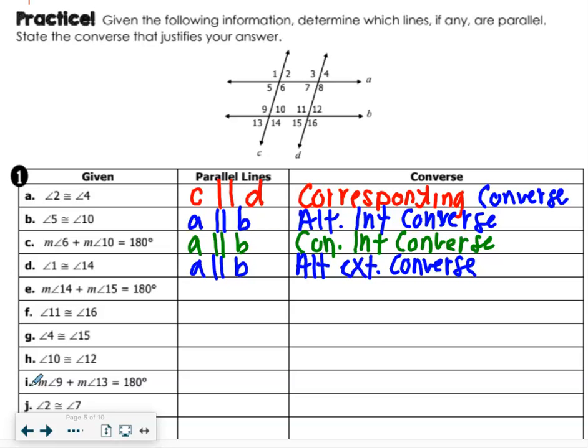What kind of angles are those? Consecutive interior. And then what lines are parallel? C and D.